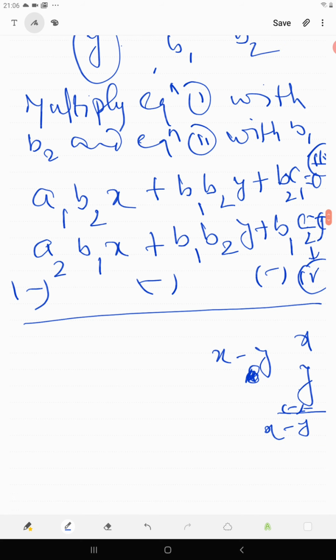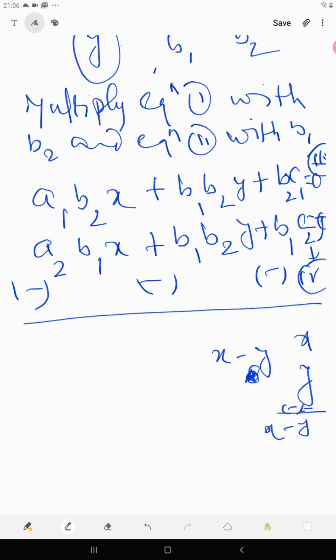I have already told you in the previous polynomial solving also, while subtracting, the sign of the below one gets changed. If it is plus, it will become minus, and if it is minus, it will become plus.